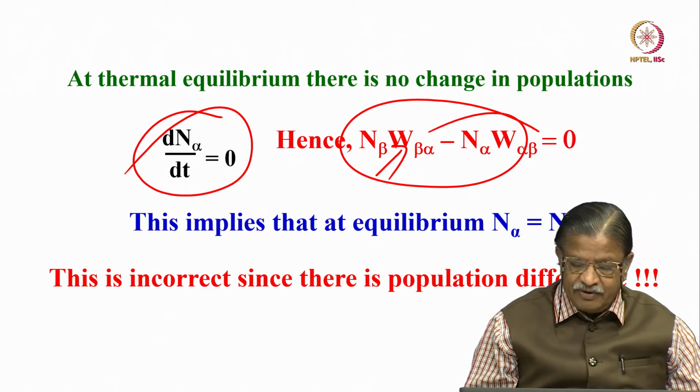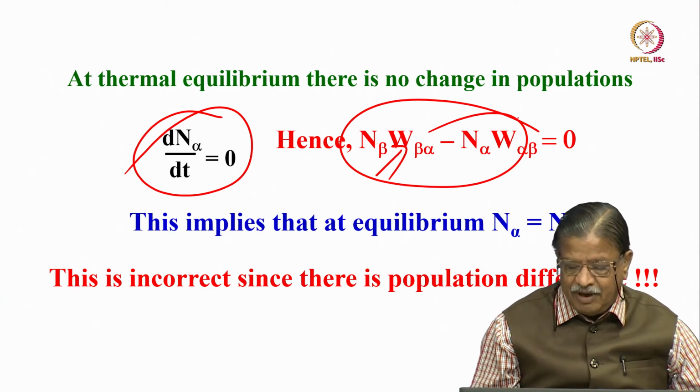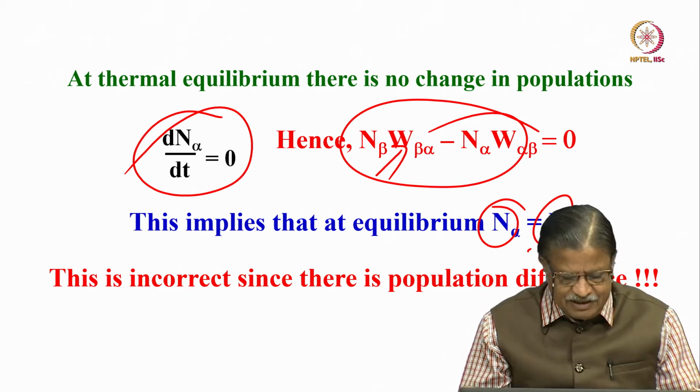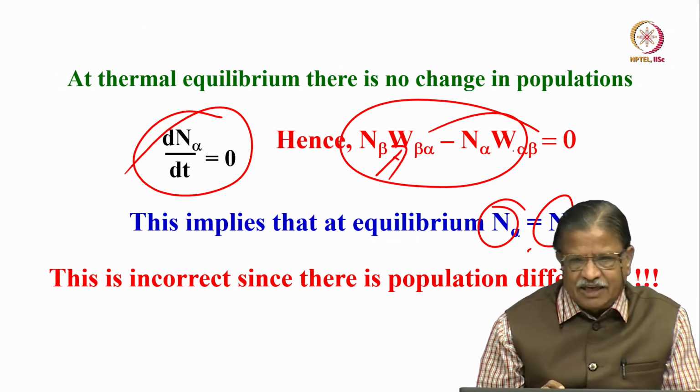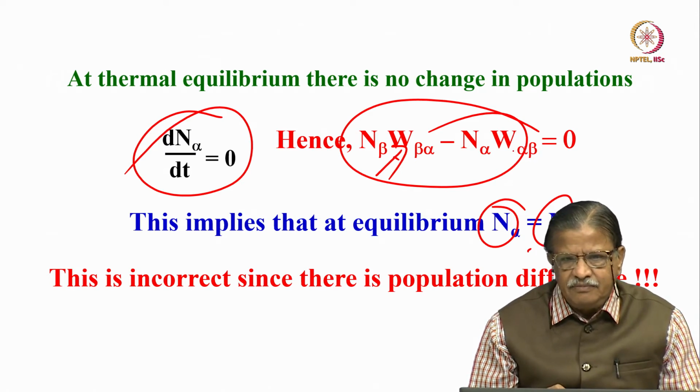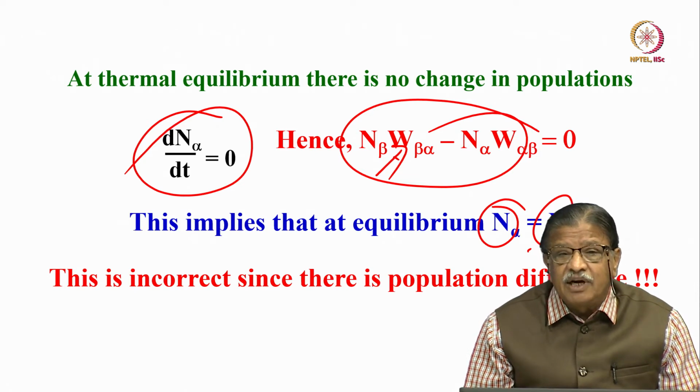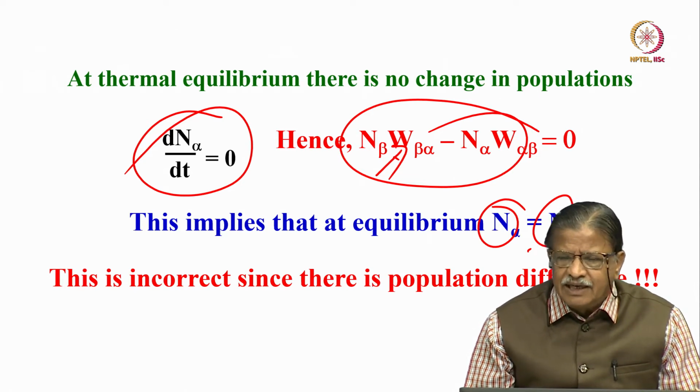Now this implies that n alpha should be equal to n beta. Correct? You can understand this from this equation. That means there is no net gain in the population at all. It is not understandable.